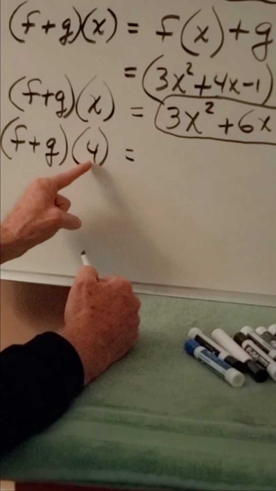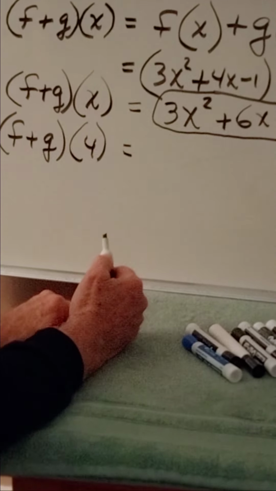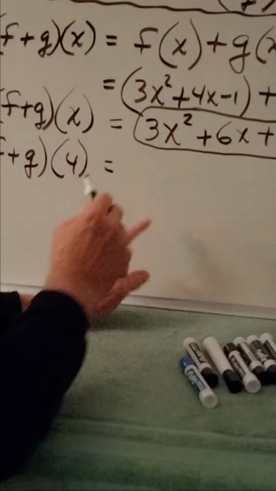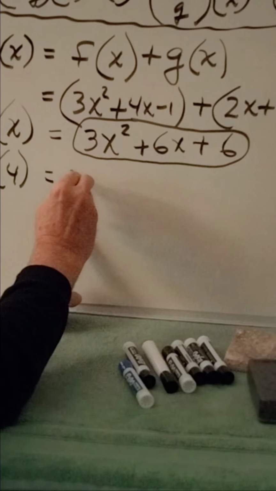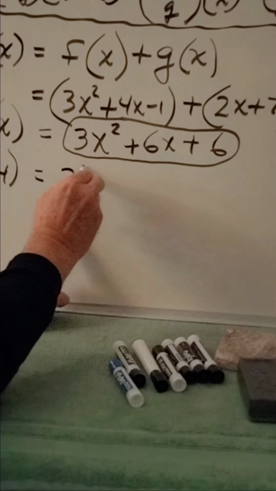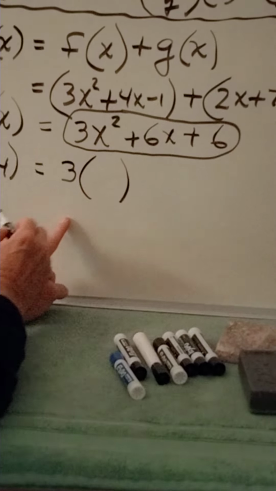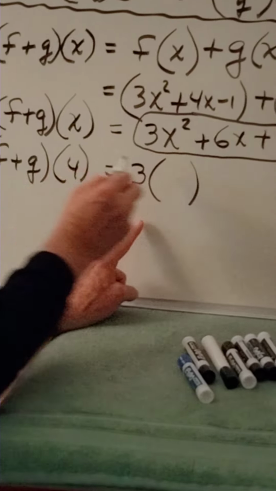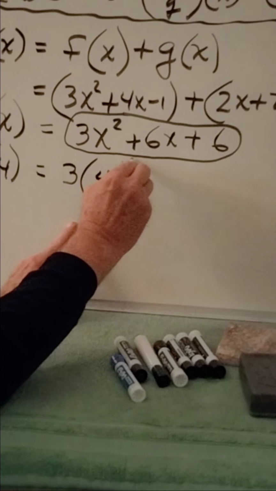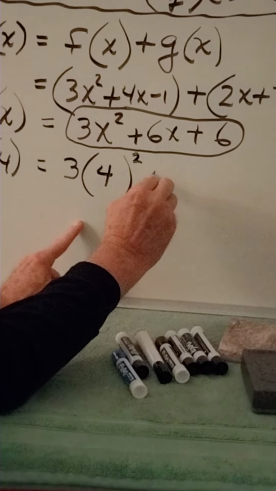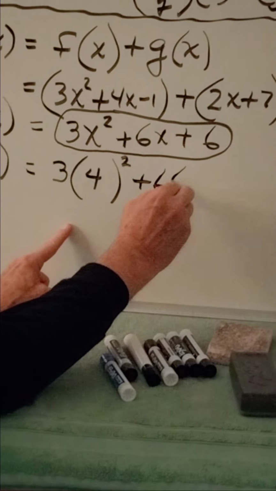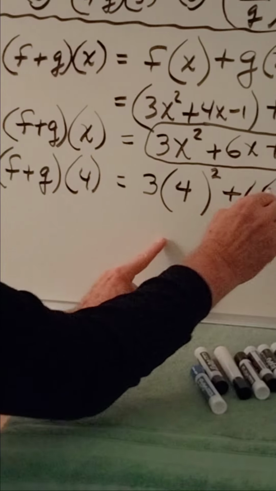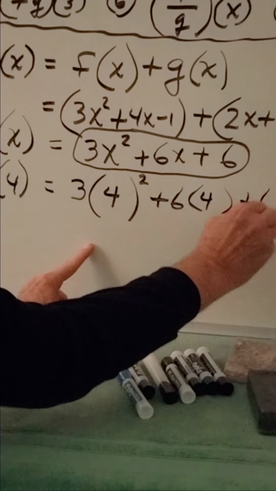Now the domain value of x is a numerical value of 4. And we're just going to substitute. Bring down that coefficient of 3. Make a house. Inside that house, put the value of x, or the value of the domain, 4, and stick that exponent out there. Bring down that positive 6. Make a house. And in place of that domain letter of x, put 4, and then positive 6.